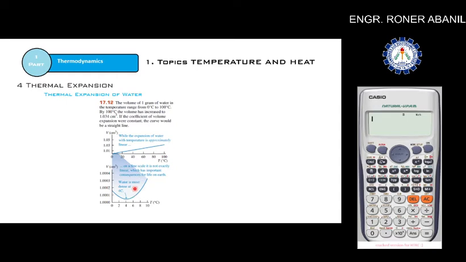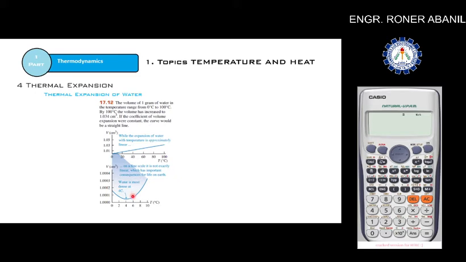So, this anomalous behavior of water has an important effect on plants and animals in lakes or other bodies of water. So, a lake cools from the surface below from 0 degrees. The cold water at the surface flows to the bottom because of its greater density. Okay?